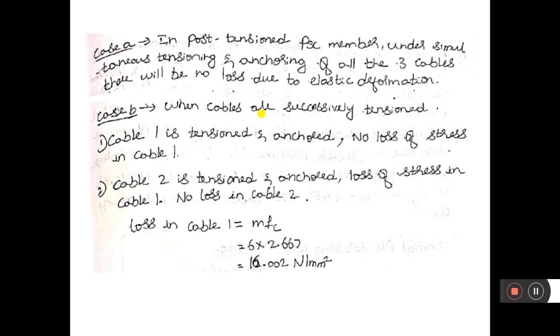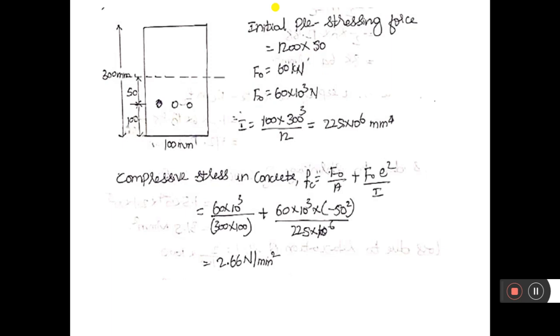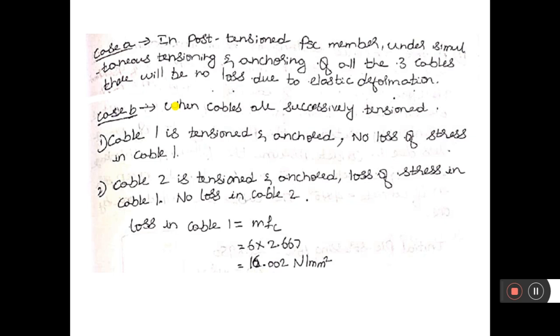And now coming to the second cable. When this cable is pulled with the initial pre-stressing force of 60 kilonewton, there will be loss in cable 1 and cable 2 will have 0 loss. So when cable 2 is tensioned and anchored, there is loss of stress in cable 1, and no loss of stress in cable 2.